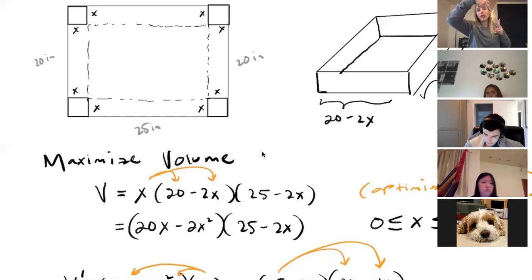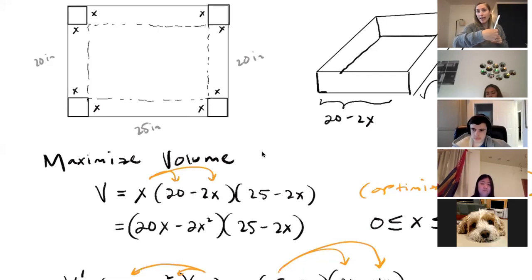If you're thinking about cutting x inches onto each side, especially thinking about the shorter side of the piece of tin, what's the largest x can be? What is the largest x can be?